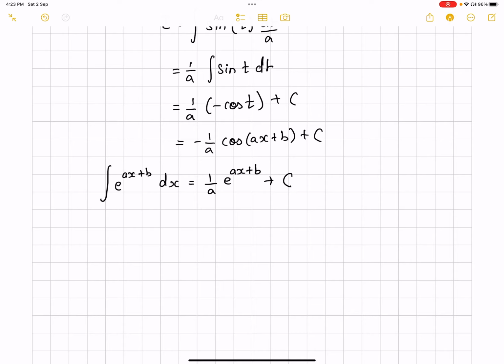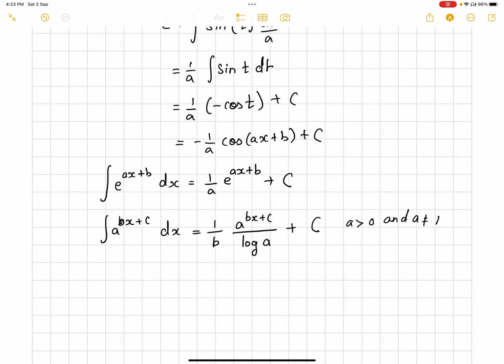And then if I have integral a to the power bx plus c dx, it is going to be 1 by b a to the power bx plus c divided by log a, plus c. And here I have to mention that a is greater than 0 and a is not equal to 1.